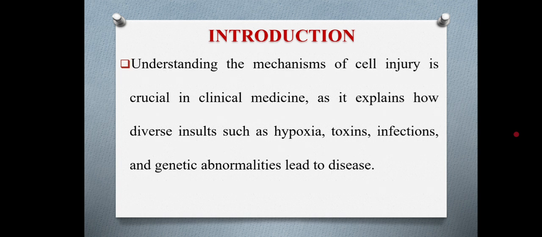And then we're saying that understanding the mechanisms of cell injury is crucial in clinical medicine. You have to understand, if I'm saying that this cell has been injured, in what way has it been injured? Because even when we give treatment, we look at treatment along those lines. If this body part has been affected, in what way is it being affected?